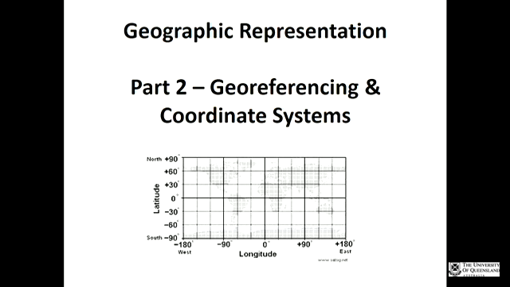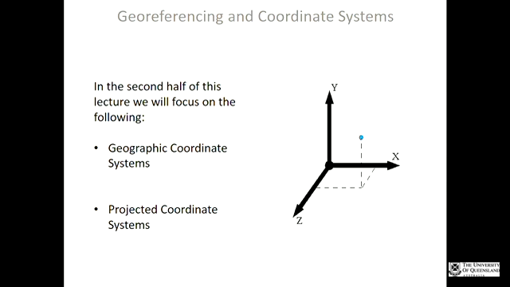Okay. So let's look briefly at georeferencing and coordinate systems. We've talked about how you represent objects, but it's really important to know where something is on the Earth's surface as well. So how do we do that? I've talked vaguely about XY coordinates, but what are they and where do they come from?